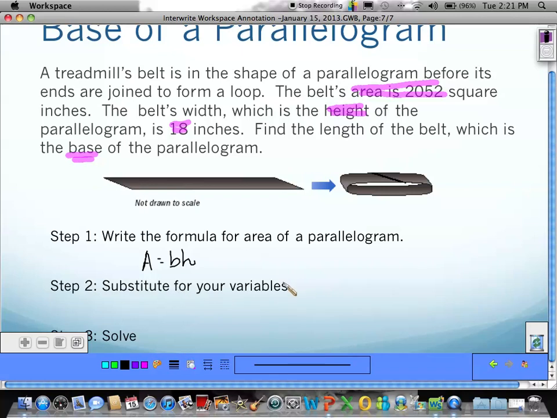So let's substitute in. We know A is area, and it is 2,052, equals the base is what we're looking for, and we know the height is 18 inches. So I'm going to put 18b. Now, I need to solve for b, so I'm going to divide both sides by 18.